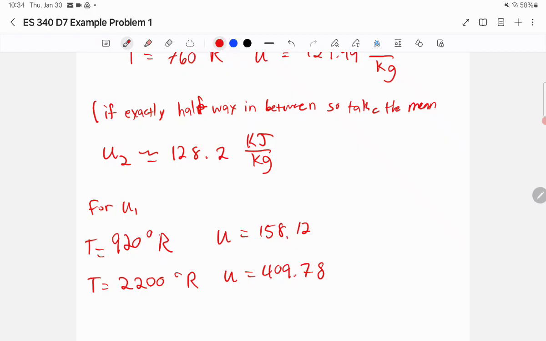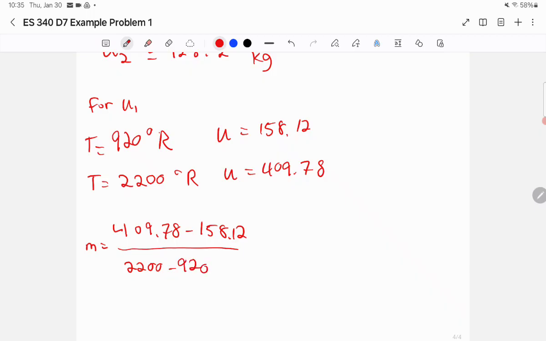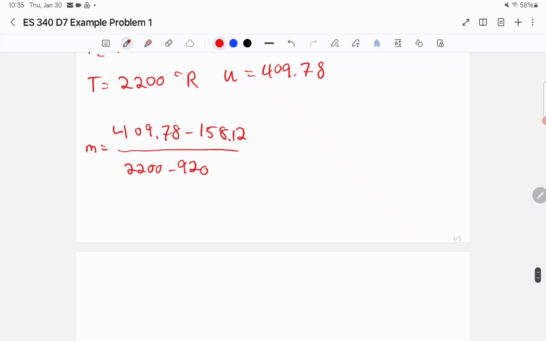And so basically we're going to do our linear interpolation. So first we find m, which is going to be equal to 409.78 minus 158.12 divided by 2200 minus 920. And then we can use that to help us with our linear interpolation.